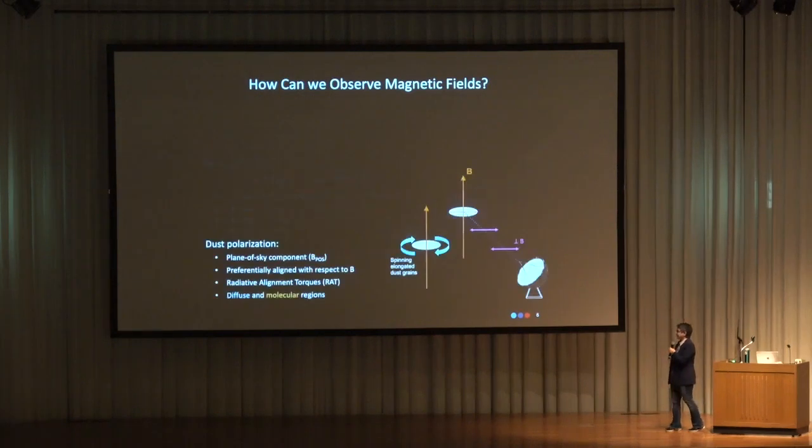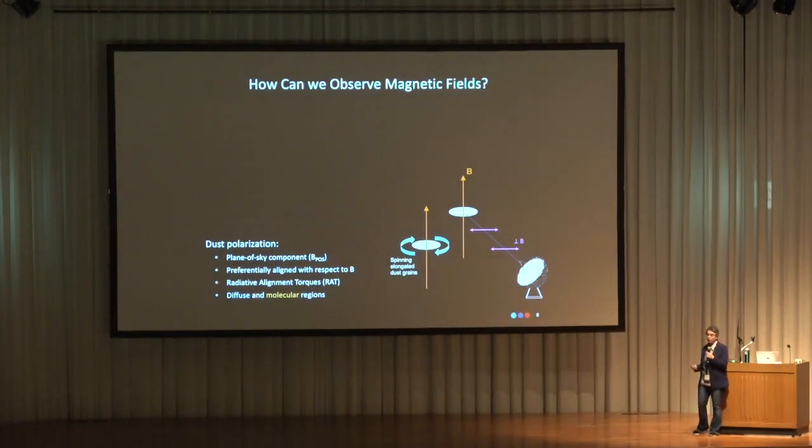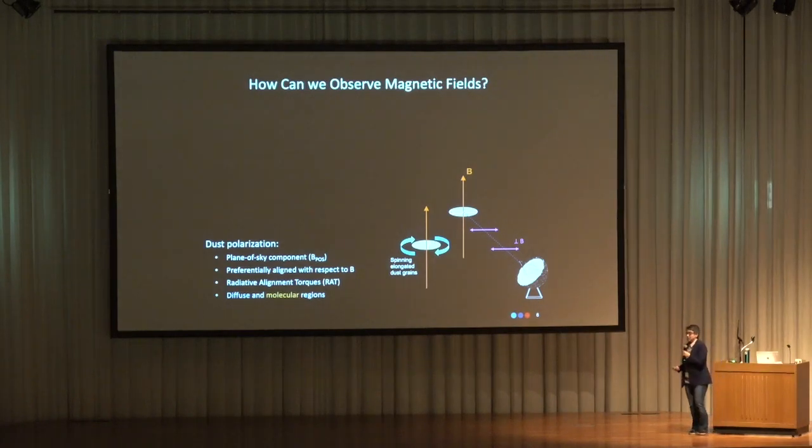Dust polarization provides the plane-of-sky component of the magnetic field. It's based on the alignment of elongated interstellar dust particles, with their main axis perpendicular to magnetic fields.